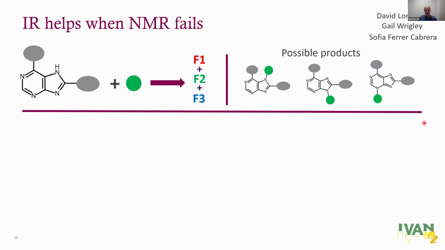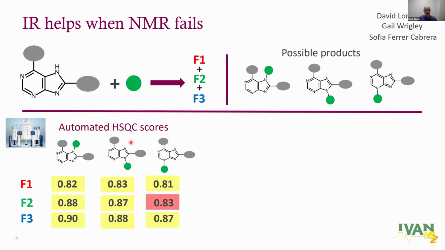So the question is which of them is which? So when I say when NMR fails, what I mean, of course, is that you can work out these products by NMR. What I'm talking about is how can you do it using the least amount of data in the most efficient way using the least amount of compounds. So that's when I think infrared might be a help.